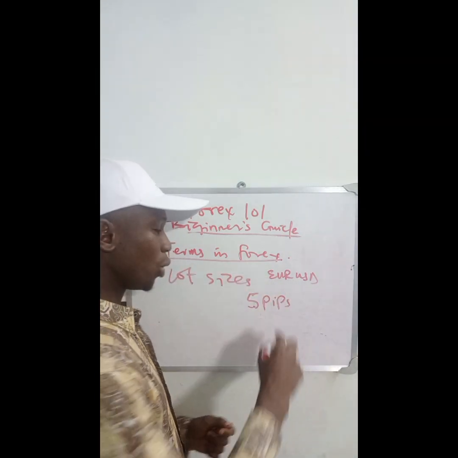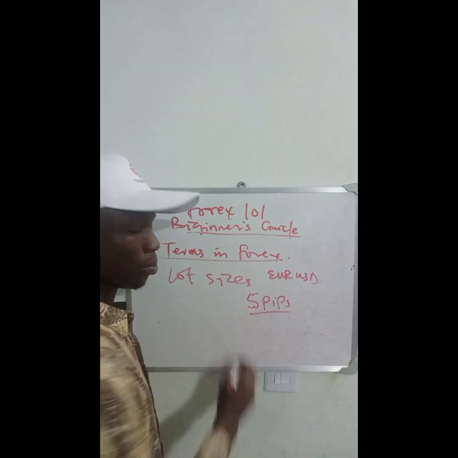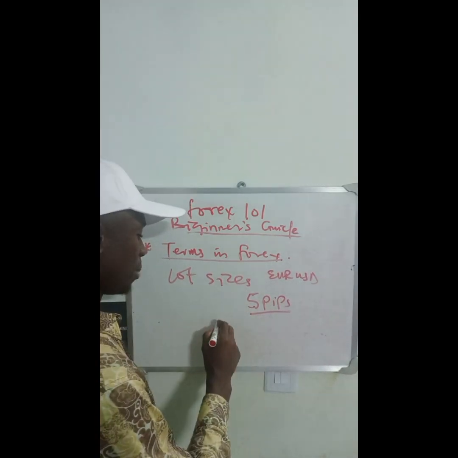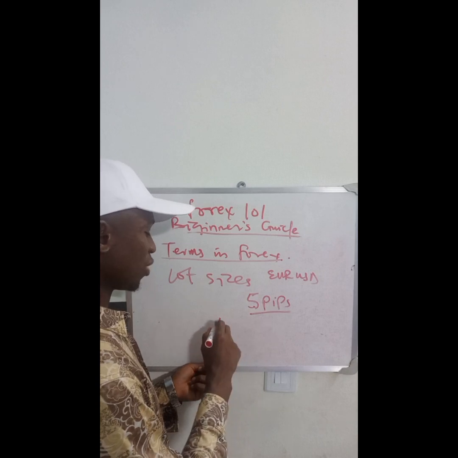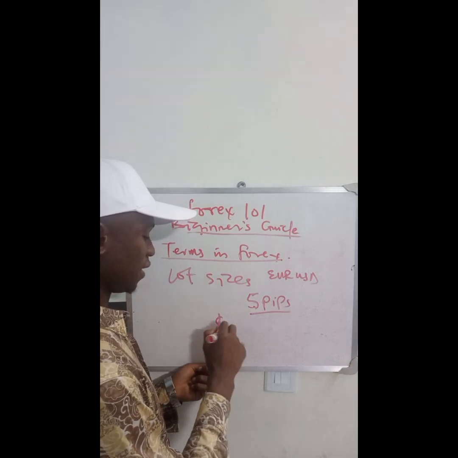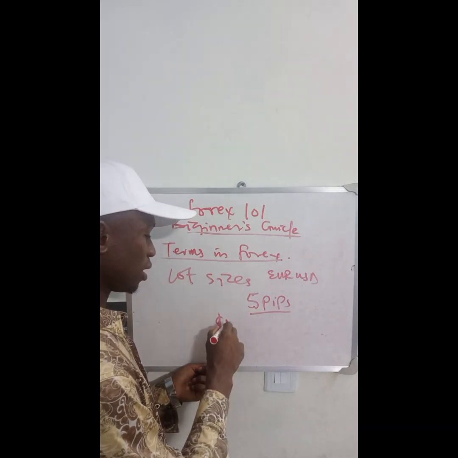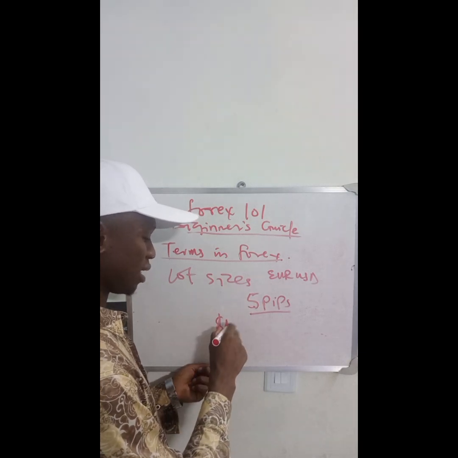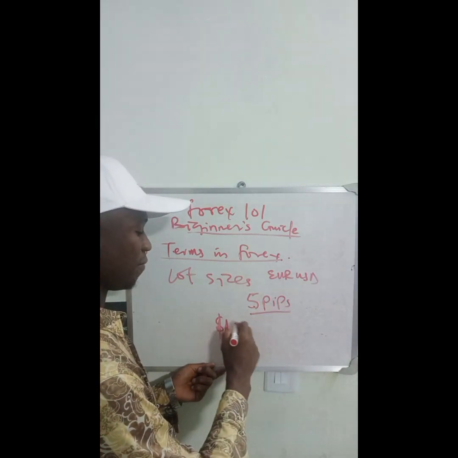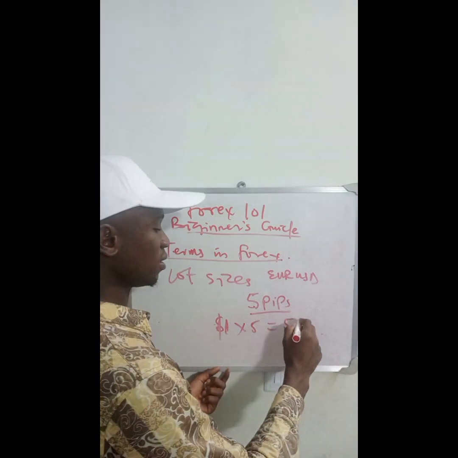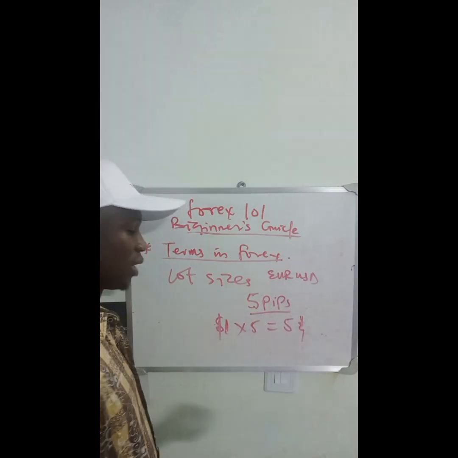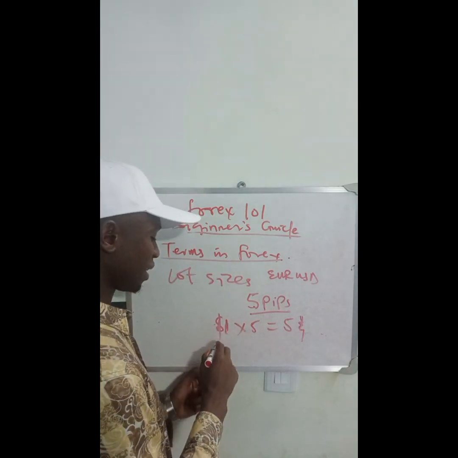We will have the same amount of pips, but he will earn more than me. If I say I want 1 pip to be equal to $1, it simply means in these 5 pips, I've made $1 times 5, which is $5. Aliko Dangote may say, let one of his pips be $10.